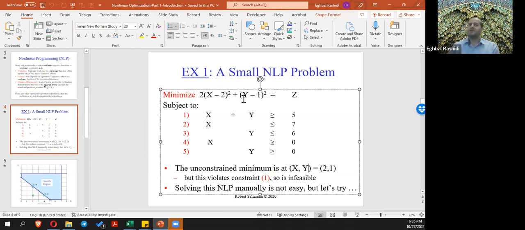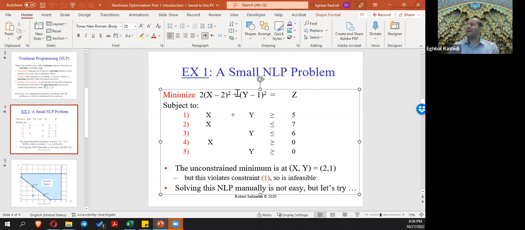Because these two values are squared, they are never negative. So you are adding two non-negative values together, and the minimum for that is 0 when both values are 0. So this is equal to 0 when x is equal to 2, and this is equal to 0 when y is equal to 1.